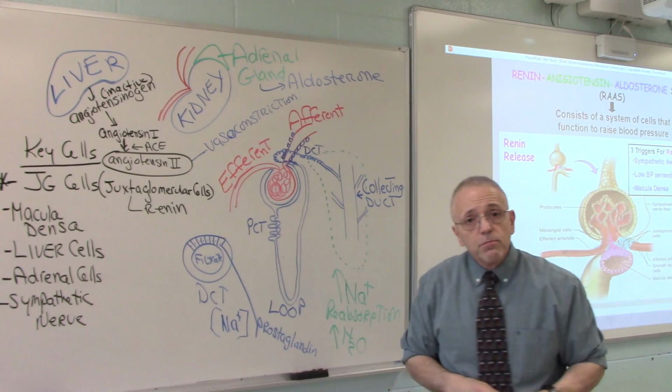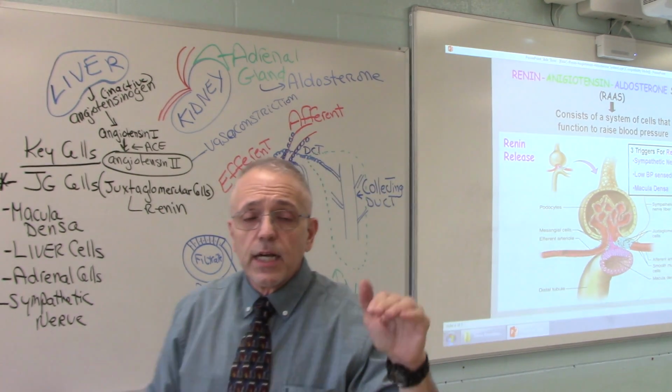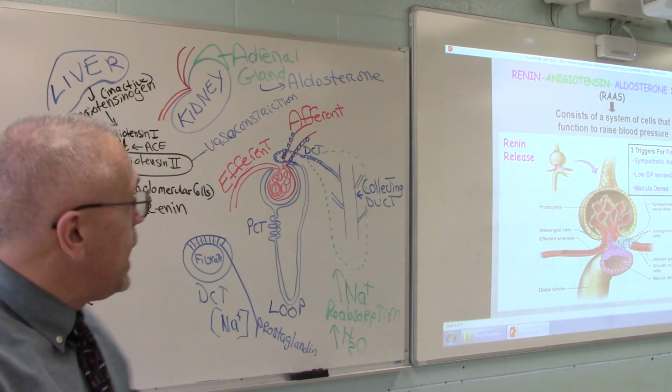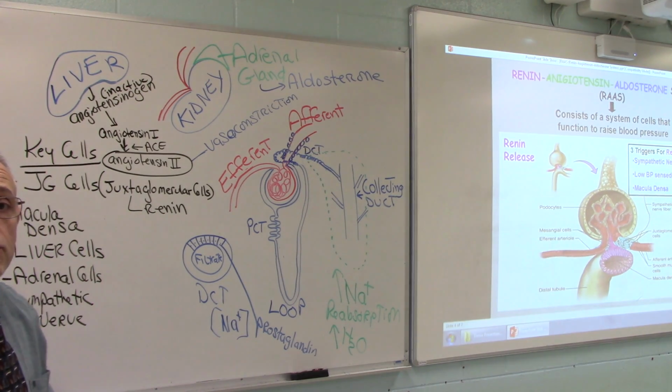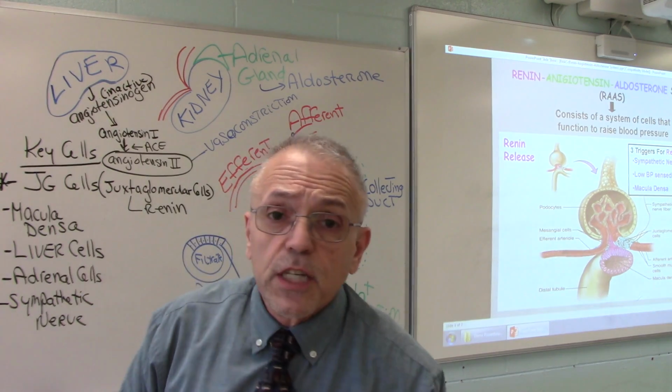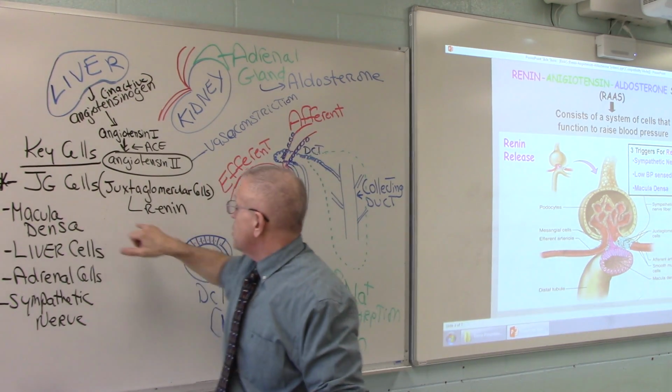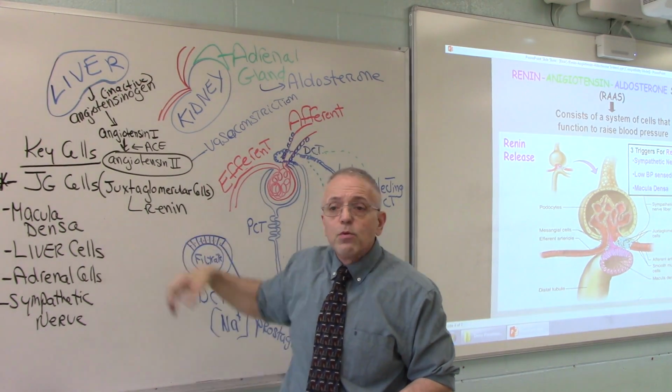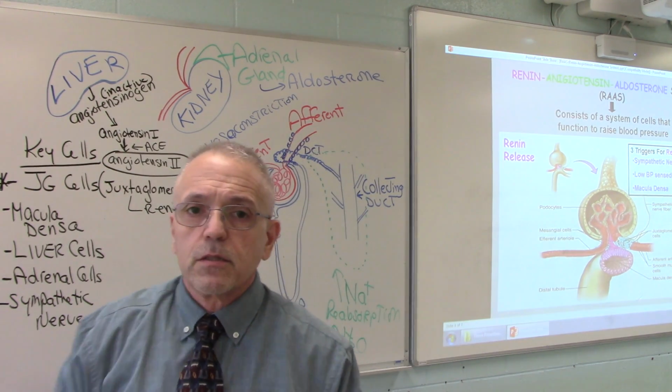So let me just kind of summarize this one more time. This RAAS system, which stands for Renin-Angiotensin-Aldosterone system, has several key cells that are involved here. The JG cell, juxtaglomerular cells, is a main player because it secretes renin, which kind of starts the whole process. All right?